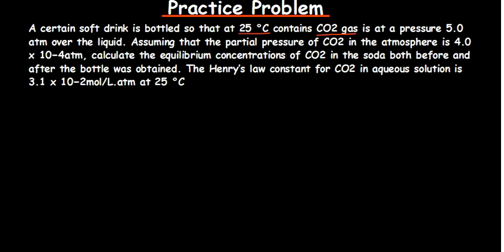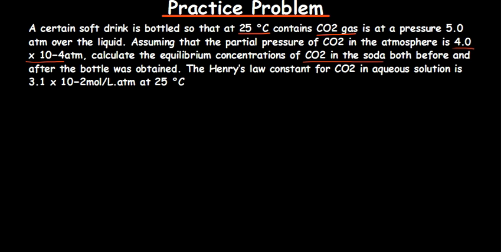Assuming that the partial pressure of carbon dioxide in the atmosphere is that, calculate the equilibrium concentrations of carbon dioxide in the soda both before and after the bottle was opened. The Henry's law constant for carbon dioxide in aqueous solutions is that.